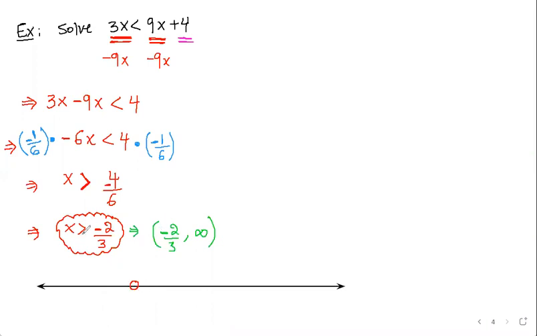Why? Because we don't have the equal sign inside this sign. So this is negative 2/3, and the solution is everything going to infinity. This is the graph of the solution.